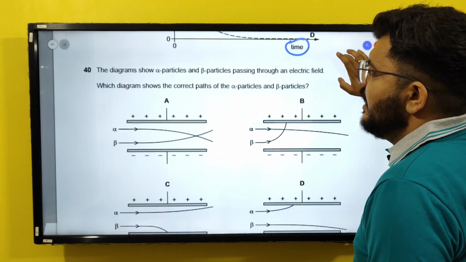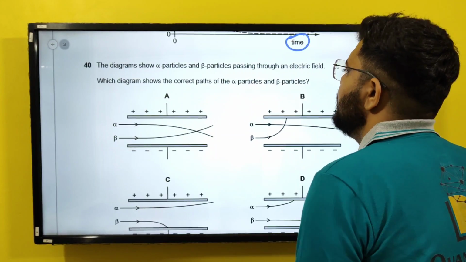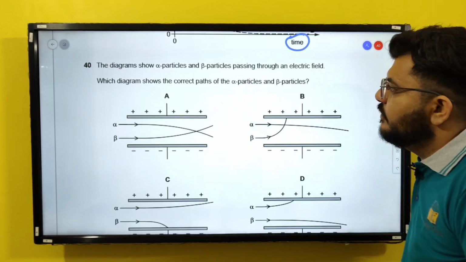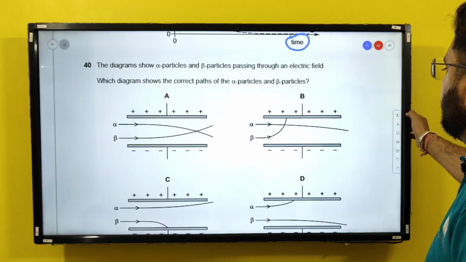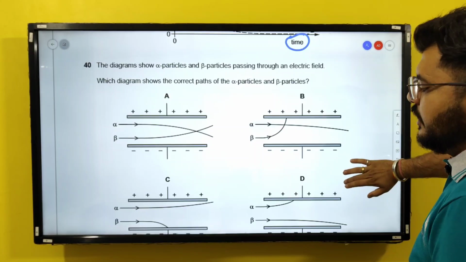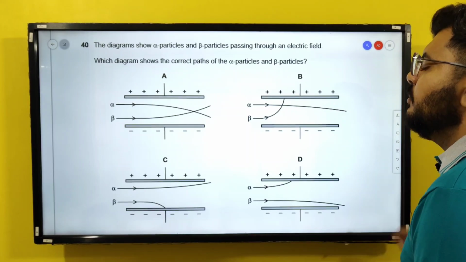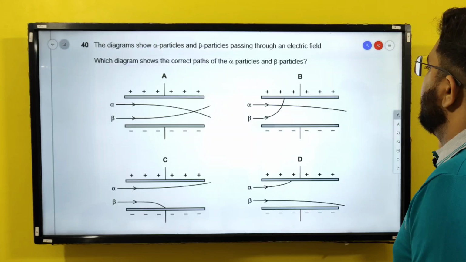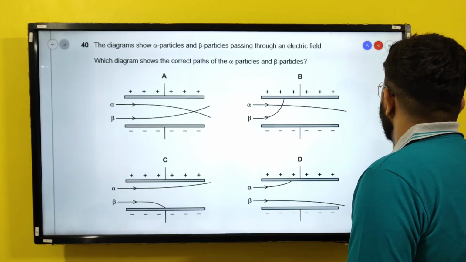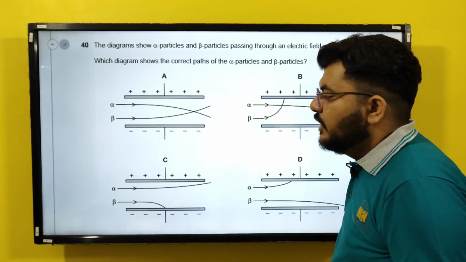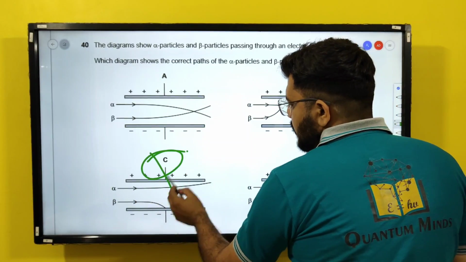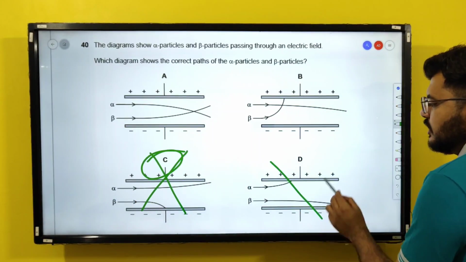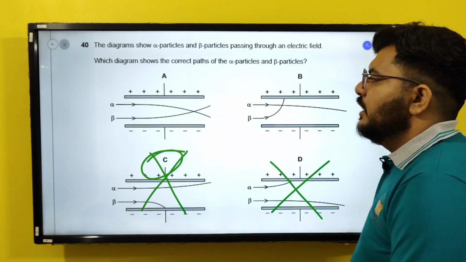Then we have a diagram showing alpha particles and beta particles passing through an electric field. Which diagram shows the correct path of alpha and beta particles? See, alpha particles will be attracted towards negative and beta particles will be attracted towards positive. Correct? Here, alpha is attracted towards positive. So this is incorrect straight away. Here again it's attracted to positive. So this is incorrect.